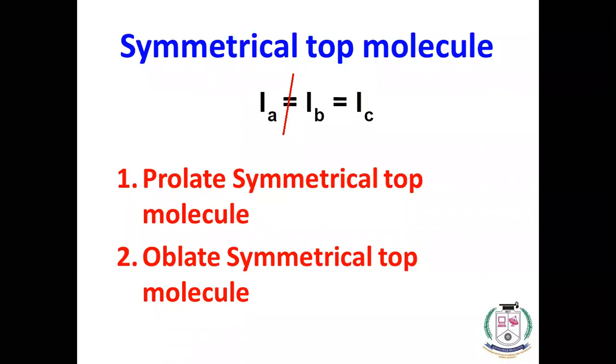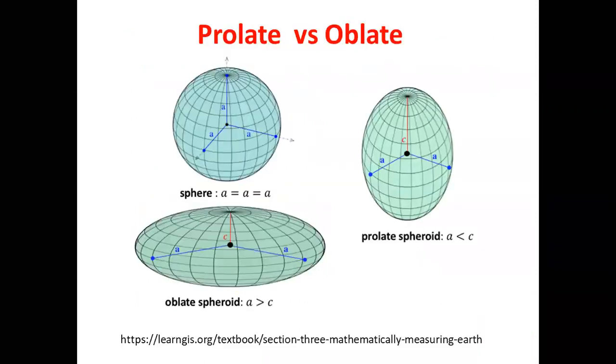Based on this, we are again classifying the symmetrical top molecules into two types, that is prolate symmetrical top molecule and oblate symmetrical top molecule. Now let us see what is this prolate and oblate. Just see, all are equal means that is a sphere, Ia equal to Ib equal to Ic.